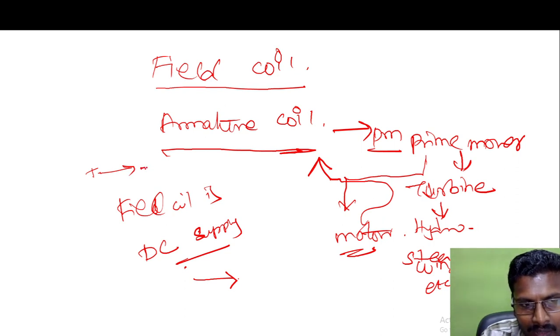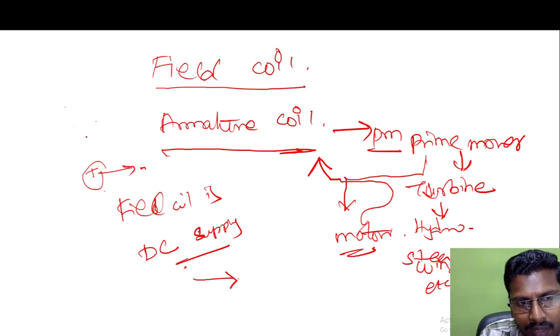By residual magnetism, the armature coil will have some amount of flux in it. We have already excited the field coil through the external DC supply or an exciter. Now the field coil will have more flux because it is energized, and the armature coil is in motion, already having a minimum amount of flux.